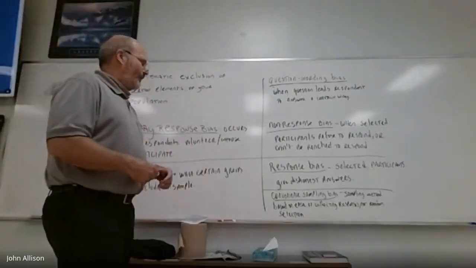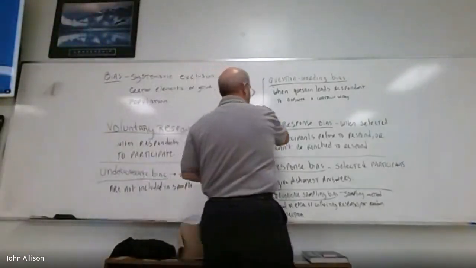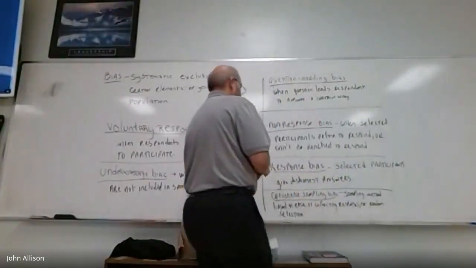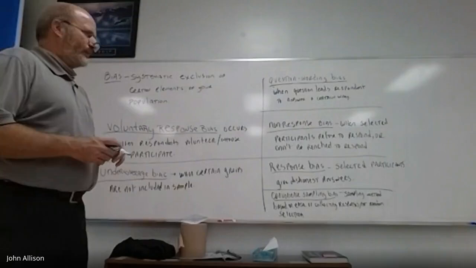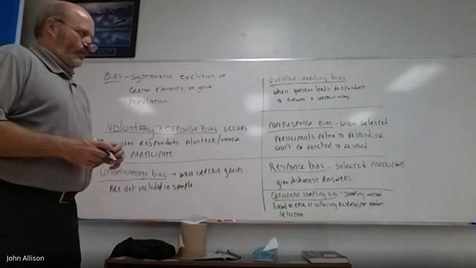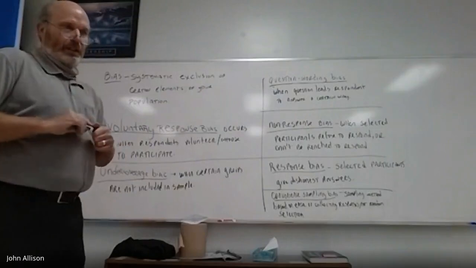Non-response bias occurs when the people you have randomly selected, or the object you have randomly selected to measure, or the people you have randomly selected to interview, refuse to respond or simply can't be found, located.